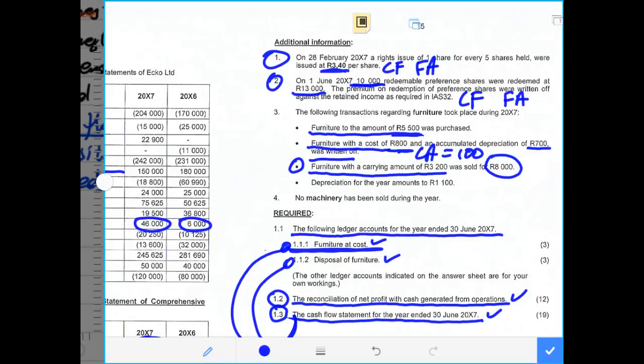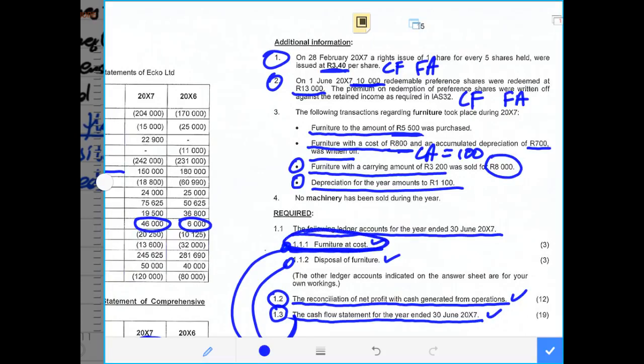From here, we know that the last bullet point under number 3 is the depreciation of furniture. Therefore we need to check if there was not maybe any other furniture that was bought or purchased during the year. By doing that, we have to do a ledger account so that we are also able to answer requirement 1.1.1.